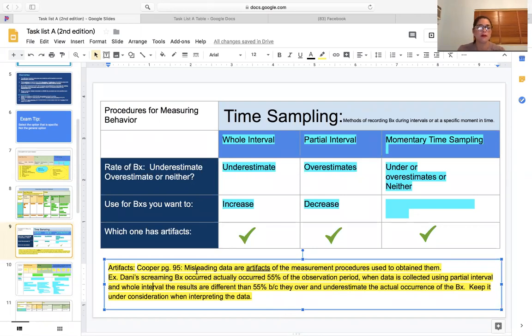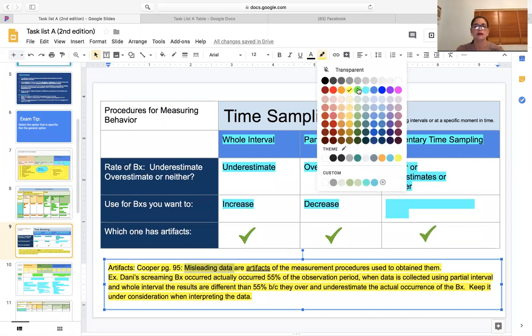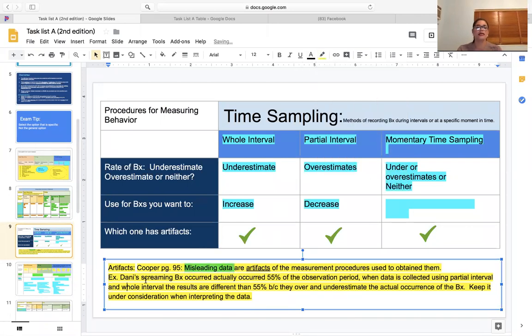For example, if Danny's screaming behavior actually occurred 55% of the observation period, when data is collected using partial interval and whole interval, the results are different than 55% because they over or underestimate the actual occurrence of the behavior. So that's what we need to keep under consideration when interpreting the data.